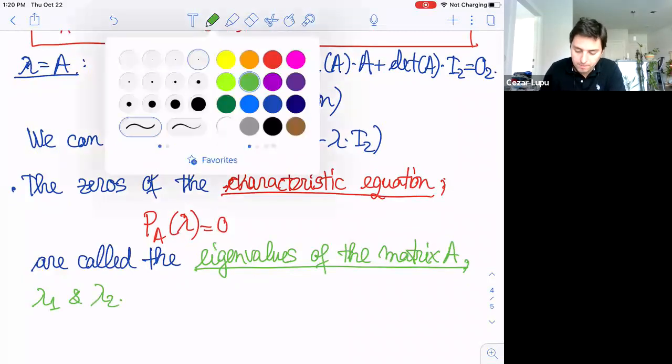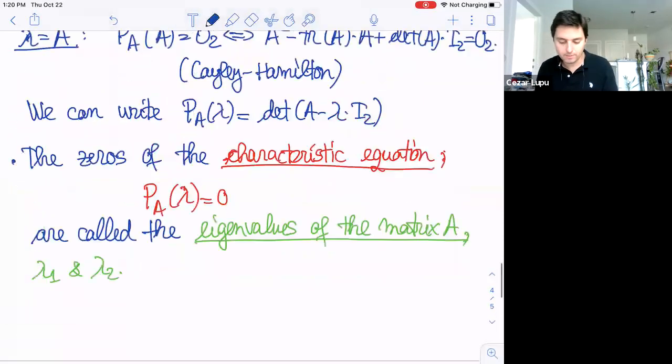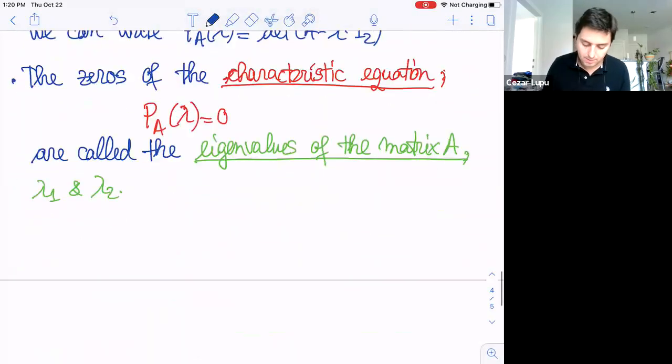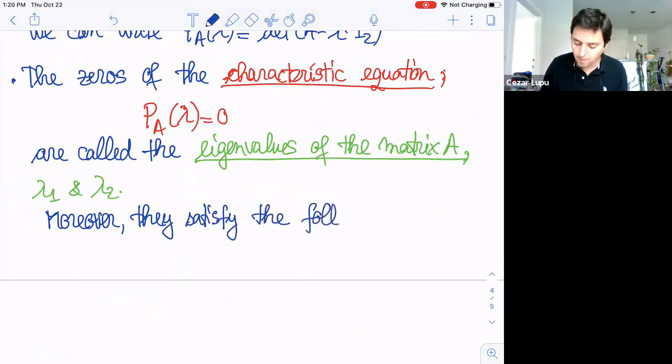And moreover, they satisfy the following relations.